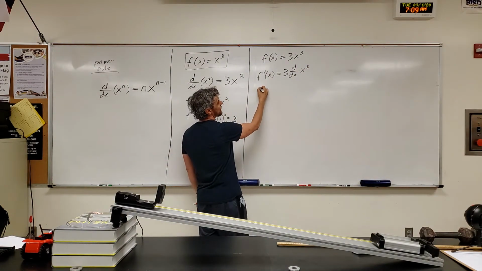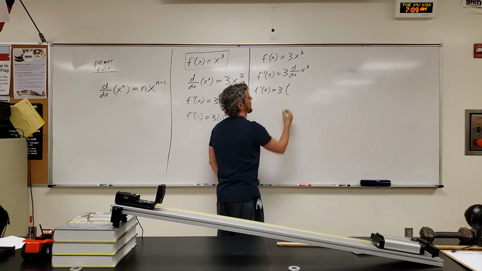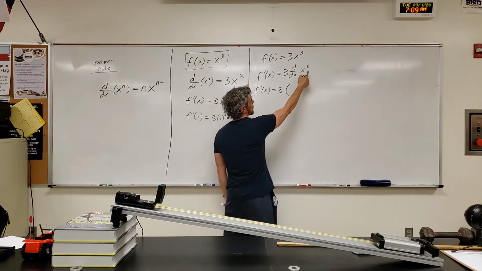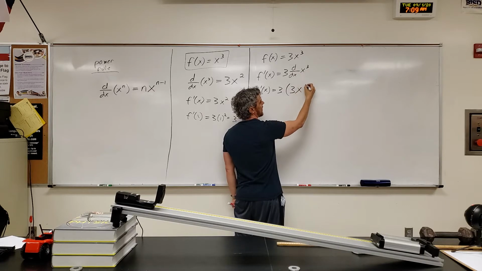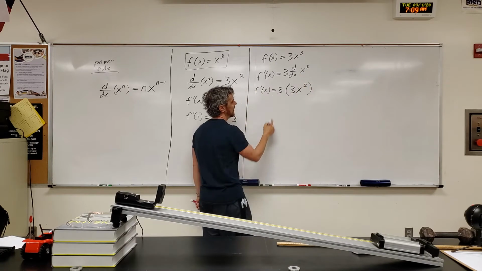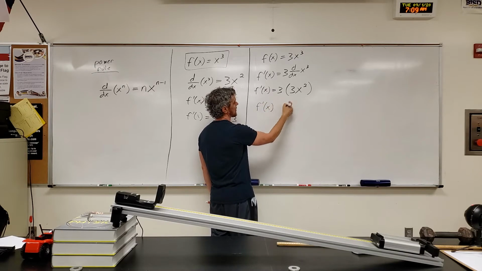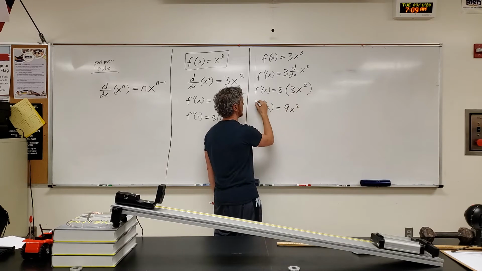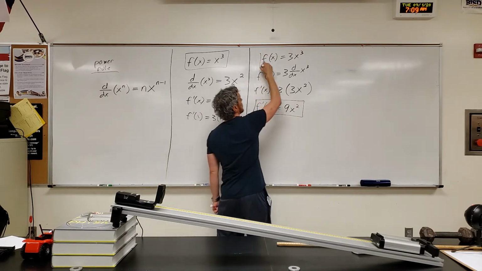And then the derivative here would be 3, and then I apply the power rule to my x cubed, just like I did here. So I bring the 3 out in front, times x to the 3 minus 1 power, which is just 2. And then I just multiply these two together. The 3's I multiply together, so I get f prime of x is simply 9x squared. So there's the derivative of this original function up here.